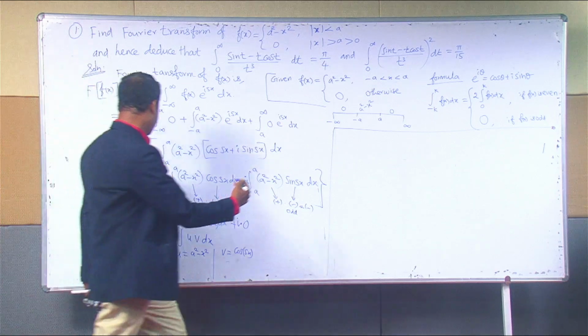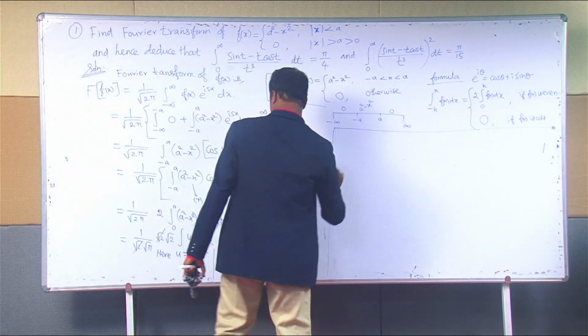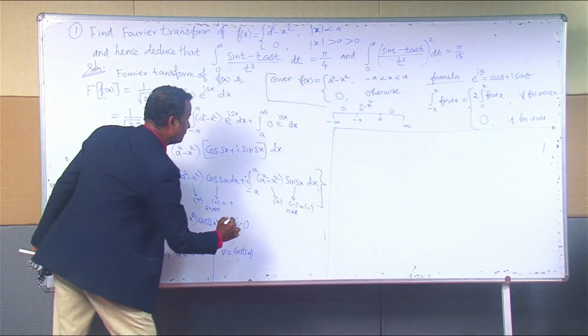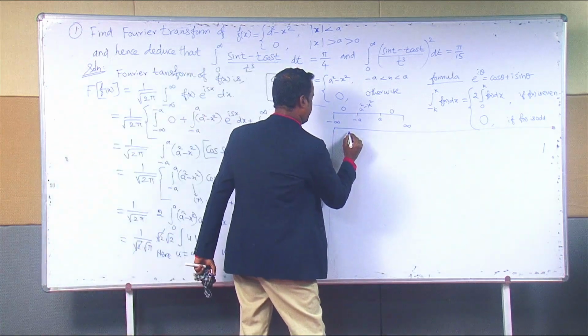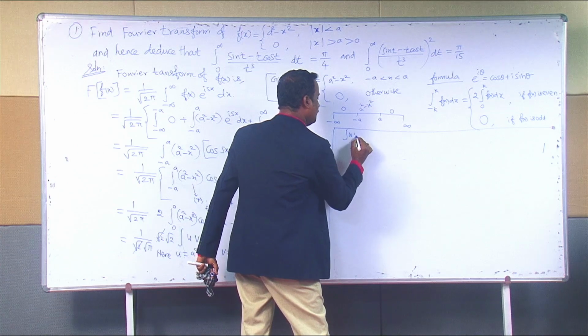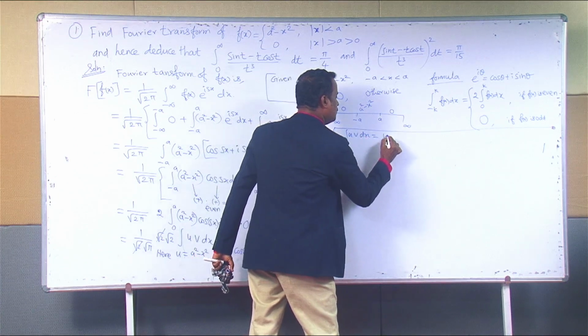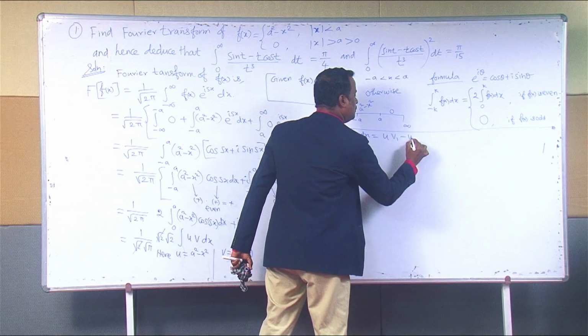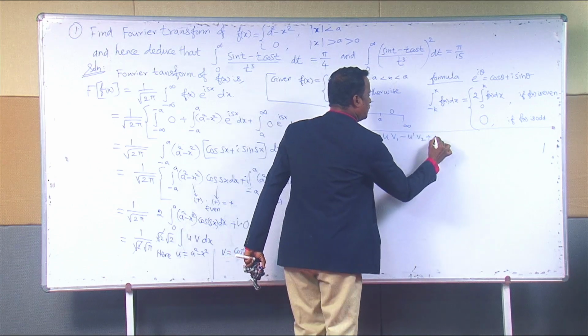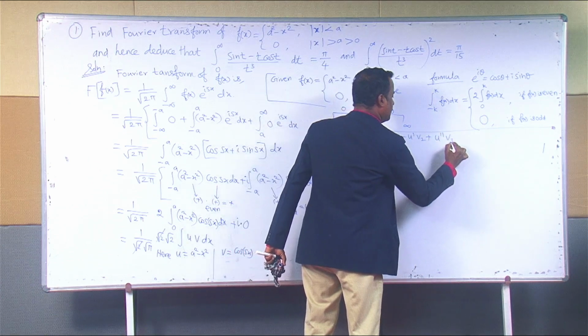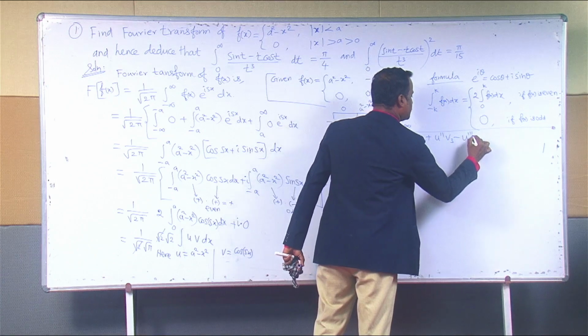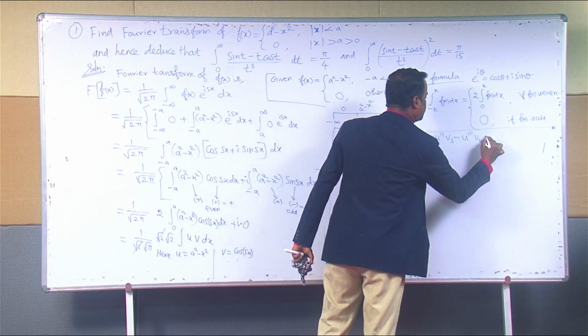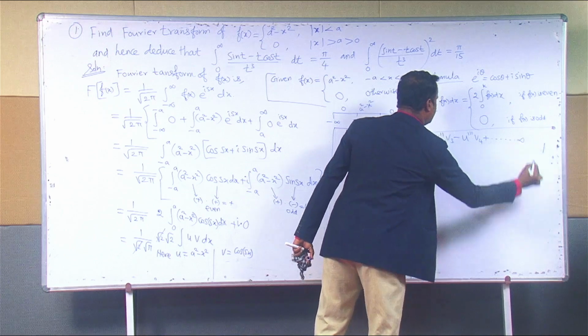What is the formula here? Integral u v dx can be written as u v1 minus u dash v2 plus u double dash v3 minus u triple dash v4, etc. It goes up to infinity by using Bernoulli's formula.